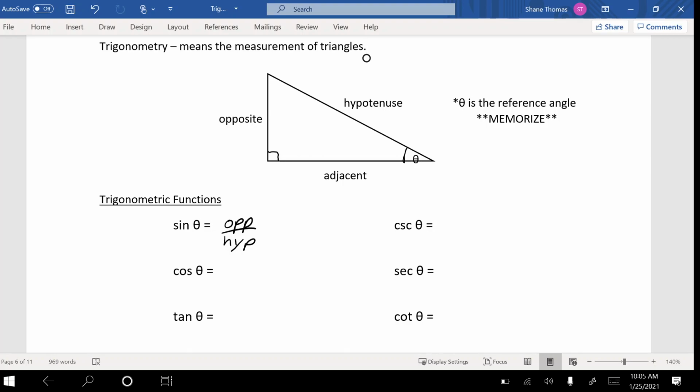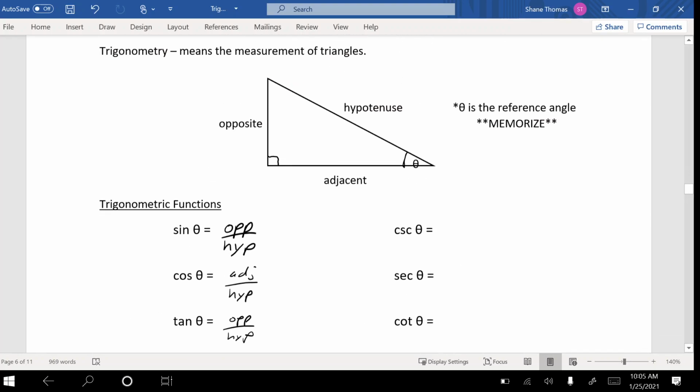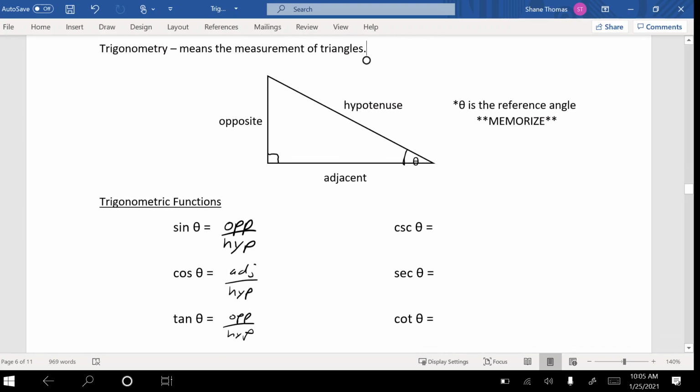Your cosine, the ratio that goes with your cosine, is going to be adjacent over hypotenuse. And your tangent is going to be opposite over adjacent. So those are the main 3.